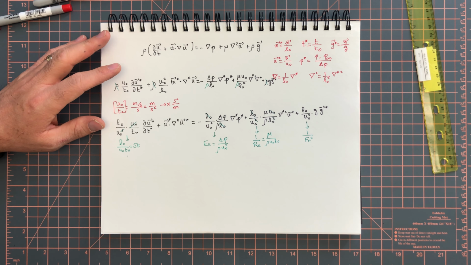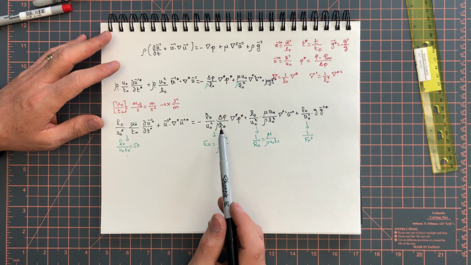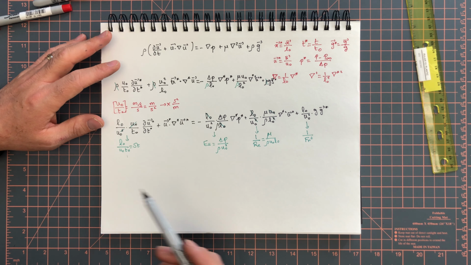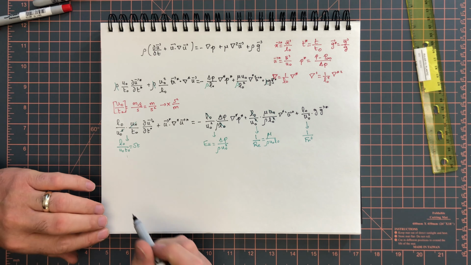Once we get the physics in, we're going to say one term is going to be dominant over the other, and then we'll be able to make the arguments that make the dimensionless numbers appropriately scale the different terms.